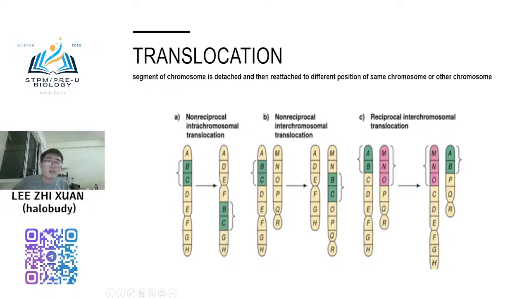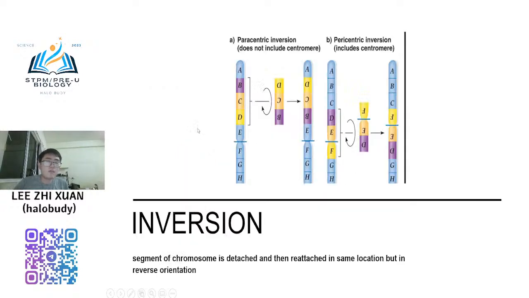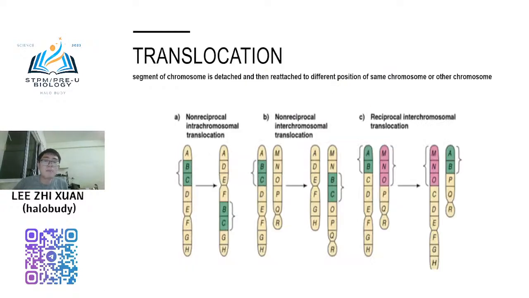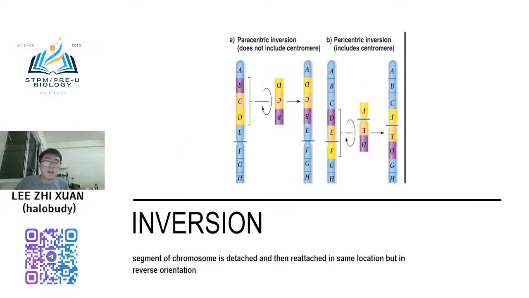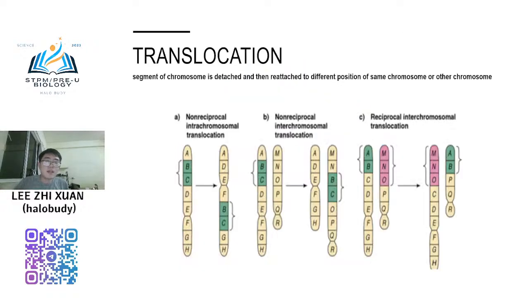So translocation, what is the difference from inversion? It seems the same. Translocation is when a segment of a chromosome is detached and then reattached at a different position, on the same chromosome or another chromosome.